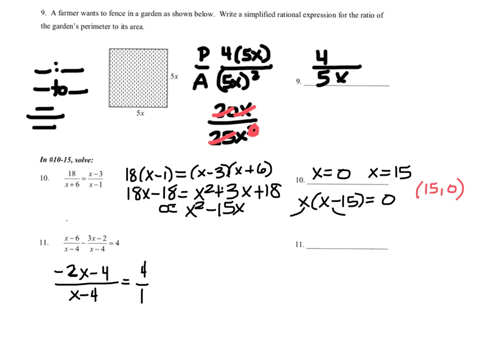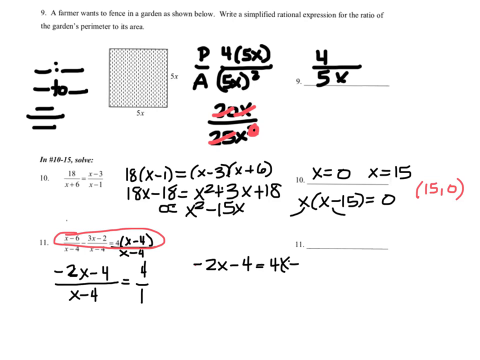Or I can notice that the common denominator is going to be x minus 4, and this term over here is missing an x minus 4. So I could multiply this by x minus 4 over x minus 4, and then all I need to do is solve the numerator. And I get, again, I still have x minus 3x here, so I get the same thing on the left, and I get 4.